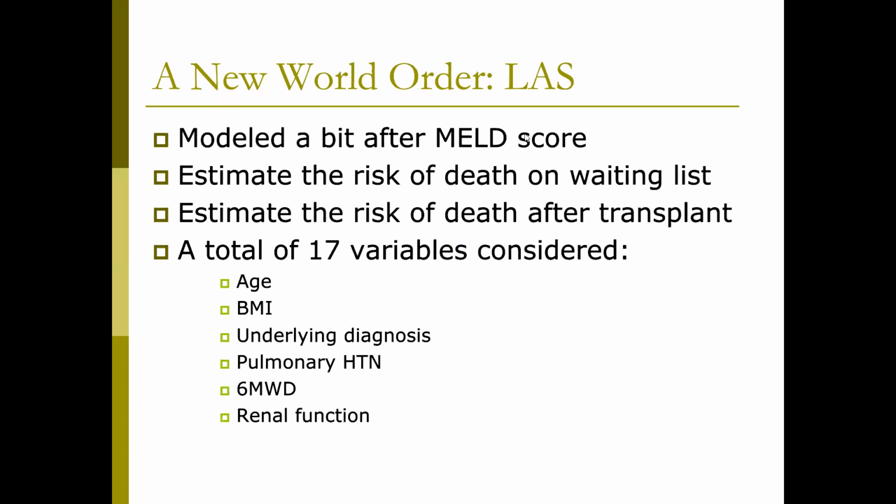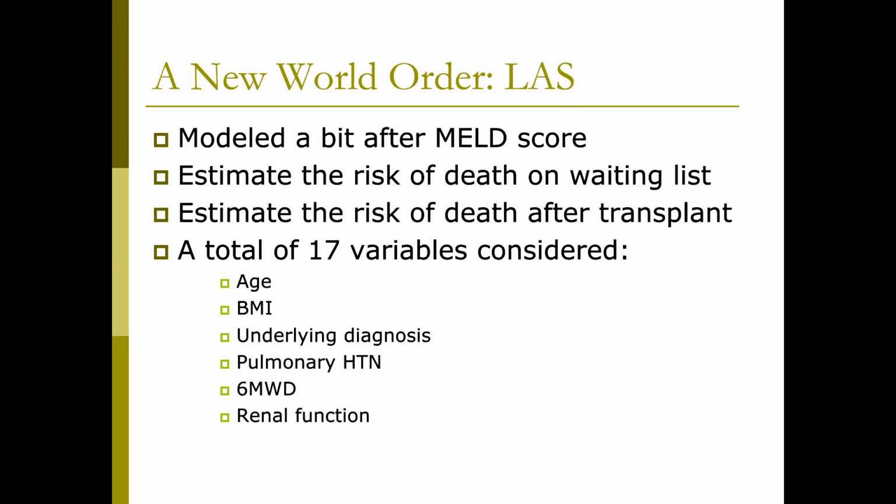So the new world order in lung transplantation, the Lung Allocation Score, came in about 2005. This was modeled a little bit after the MELD score. If you are familiar with liver transplantation, the MELD score is a very important factor in determining who should get a liver transplant and who should not. The idea of the LAS was to estimate the risk of death on the waiting list.